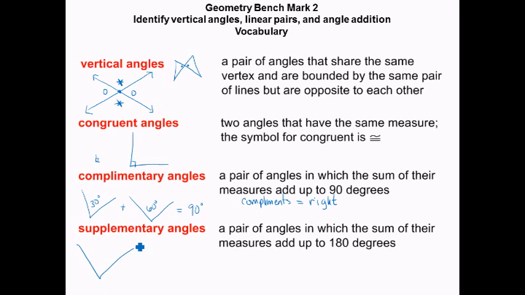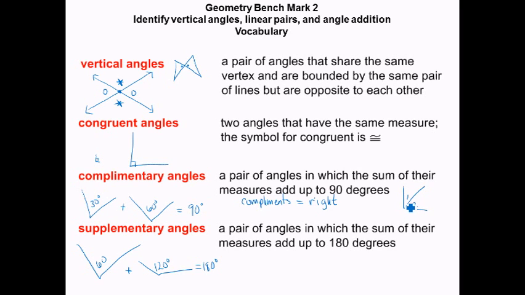Okay. Supplementary angles add up to 180. So I could have a 60 and a 120, or any other combination of the two. Unfortunately, I never thought of a cute thing to help remember that, but if you can remember, complementary is 90, the other one's 180. Now, with complementary and supplementary, the angles could be touching each other.